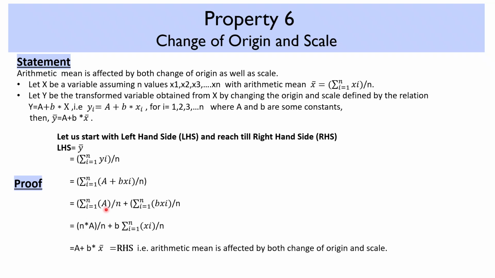Here summation on constant a will become n times a upon n, and b is taken out of the bracket and we are left with summation xi upon n. So this term comes to be capital A and this term is nothing but our x bar. Finally we get a plus b times x bar, which is equal to our right hand side. So we have shown that arithmetic mean is affected by both change of origin and scale.